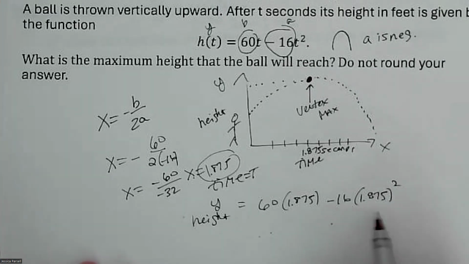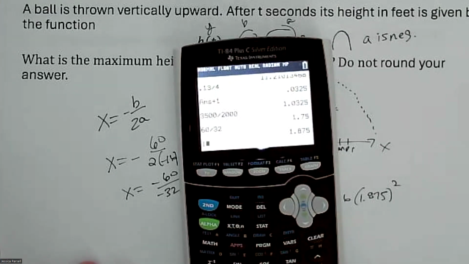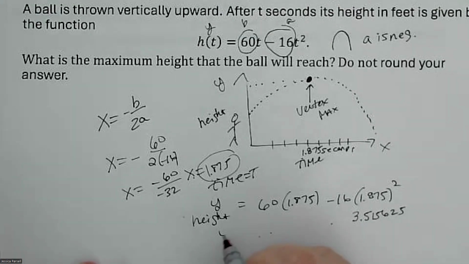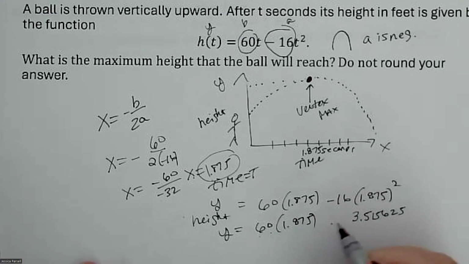Okay, so this is order of operations. I would do this first, 1.875 times itself. That's going to be 3.515625. So I'm going to rewrite what I got. Height is equal to 60 times 1.875 minus 16 times that.